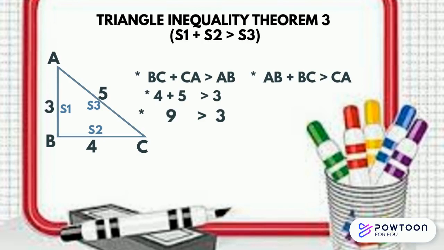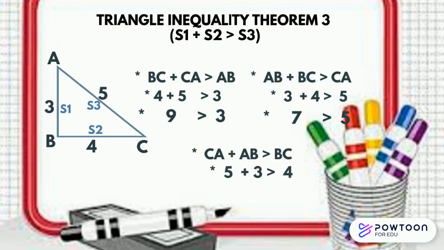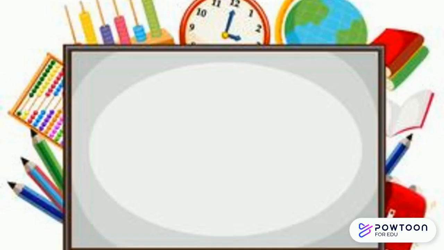Substituting again the values, we have 3 plus 4 is greater than 5. Simplifying, we have 7 is greater than 5, which is also correct. Lastly, we have CA plus AB is greater than BC. Substituting the values, we have 5 plus 3 is greater than 4. Simplifying, we have 8 is greater than 4.